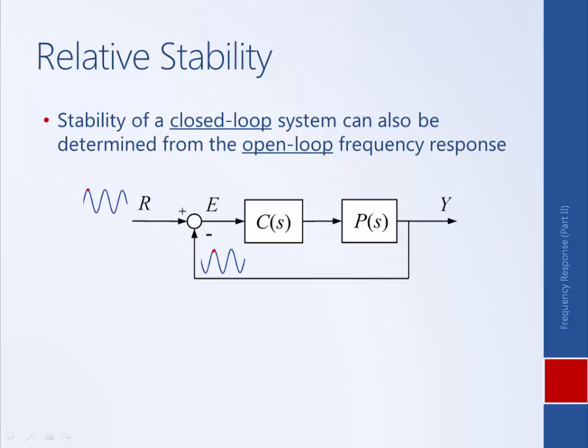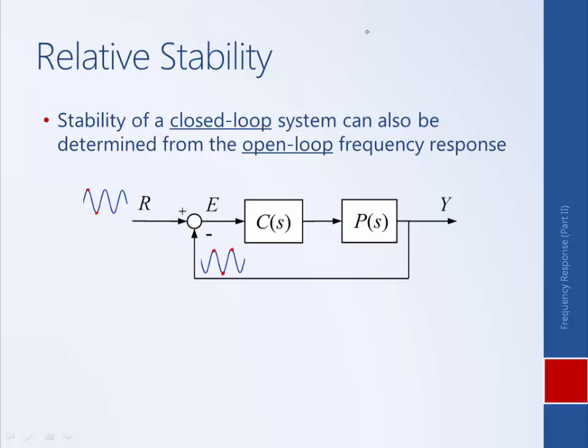When it shifts the signal by 180 degrees, the signal that's about to be fed back is exactly out of phase with the reference signal. So at a time instant when the reference is at its peak, the feedback signal will be at a valley, and when the reference signal is at a valley, the feedback signal will be at a peak.